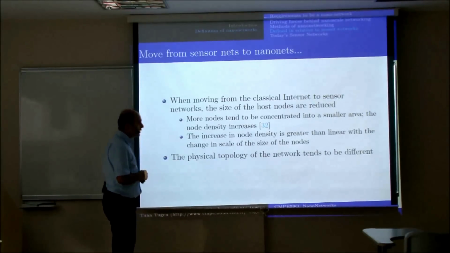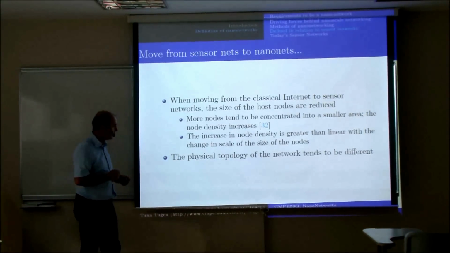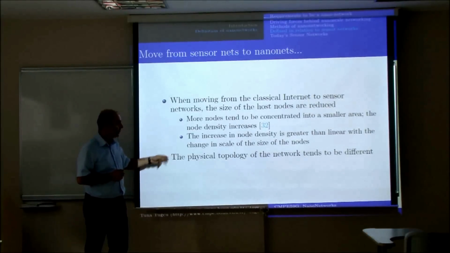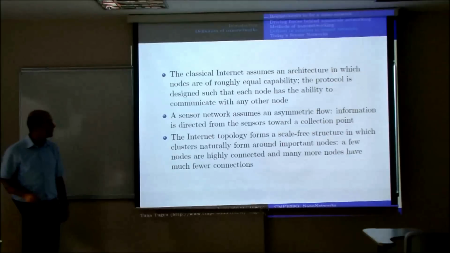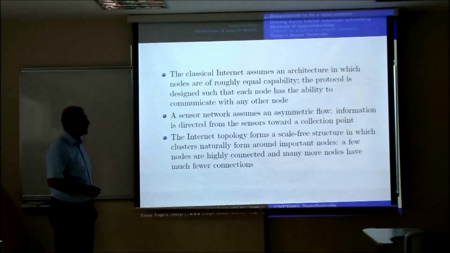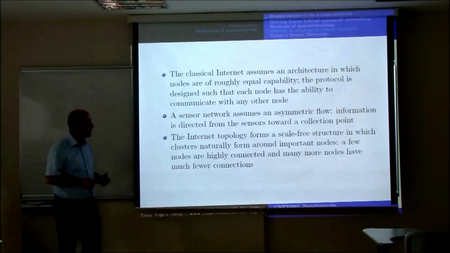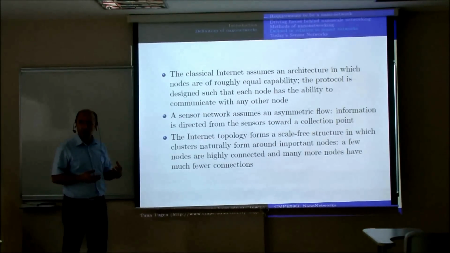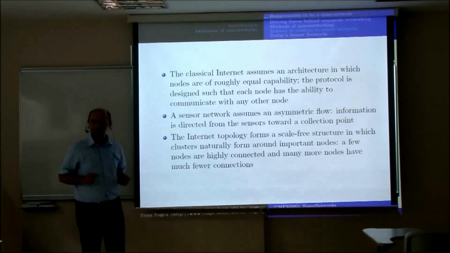The increase in node density is greater than linear when the scale changes. And the physical topology of the network now tends to be much different compared to the classical ones. In the classical internet, you have some important nodes, and around those nodes you have other nodes accumulated.